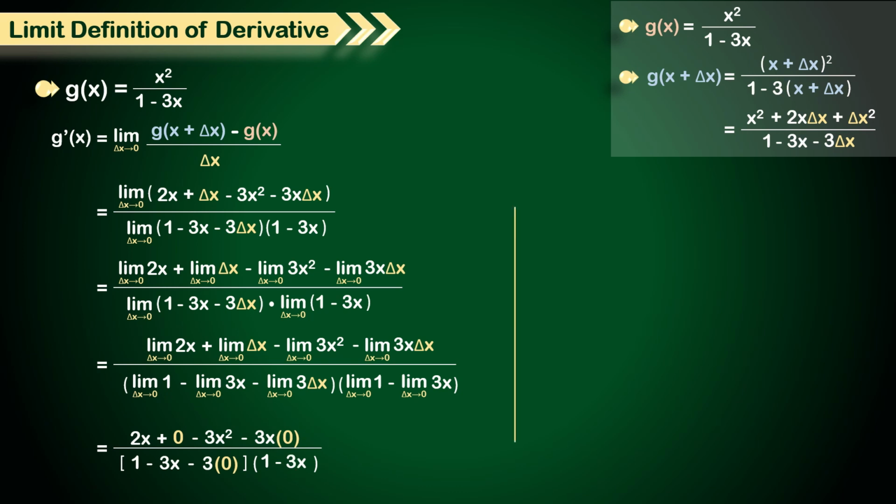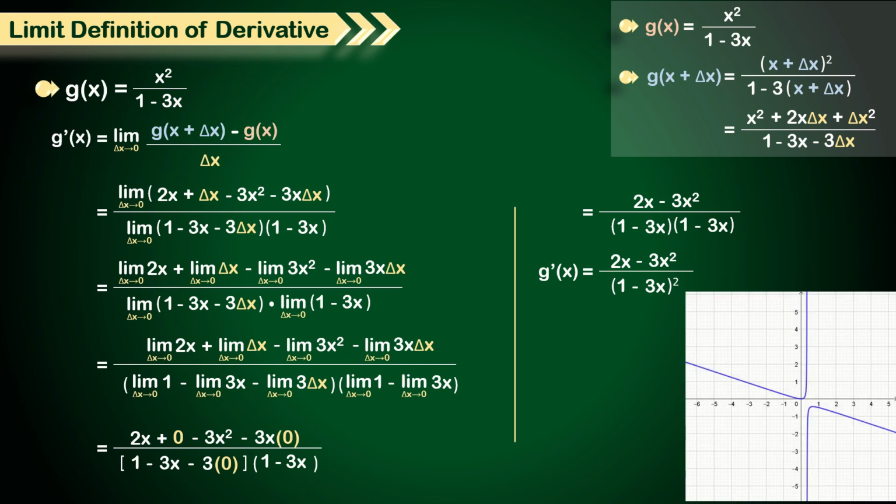Simplify. We have 2x minus 3x squared over the product of the difference of 1 and 3x and 1 and 3x. Rewrite denominator. Then the derivative of the function is 2x minus 3x squared over the square of the difference of 1 and 3x.